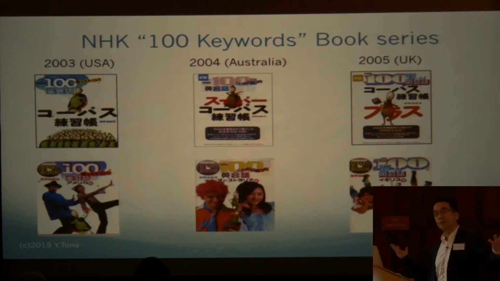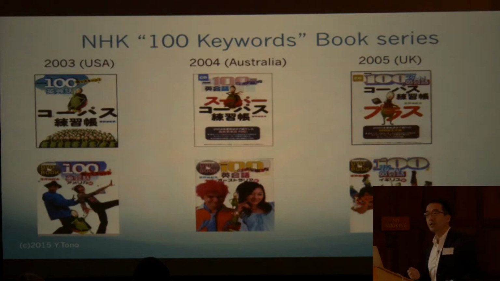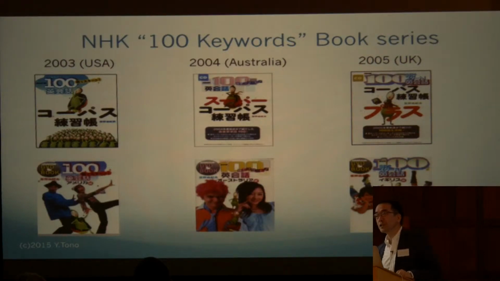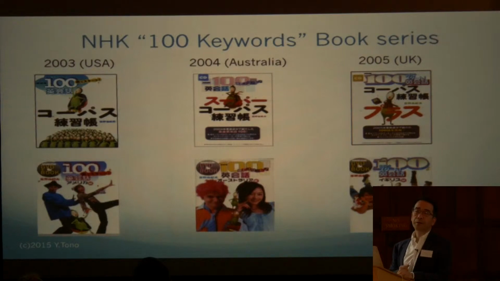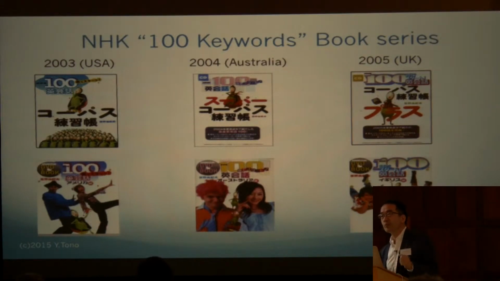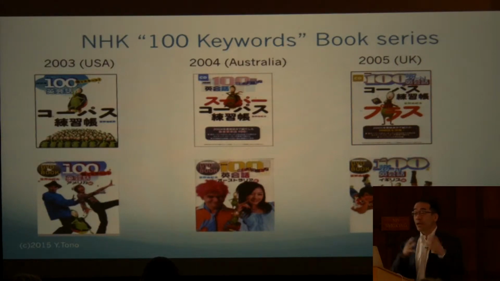And I became very popular, and when I was on the train, people could recognize me and say, oh, Mr. Corpus. And when I invite international researchers from abroad, they're so surprised because ordinary people in Japan know the word corpus, which was a technical term back then. So even lay persons in Japan recognized the word corpus.